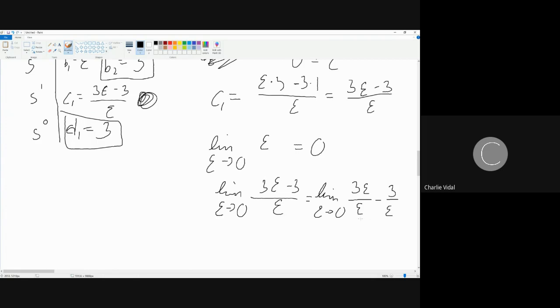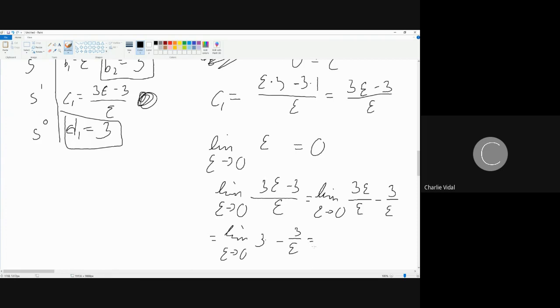That's just splitting up the fraction. And then the limit as epsilon goes to 0 of epsilon over epsilon is 1. So we're going to say 3 minus 3 divided by epsilon.